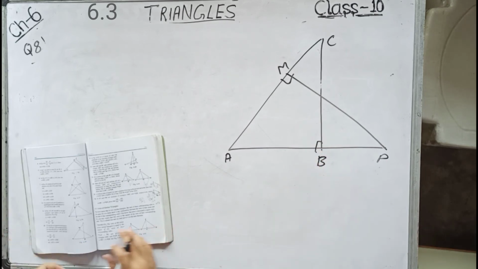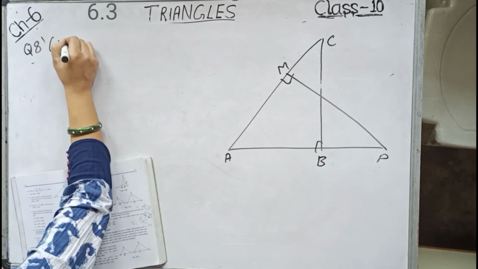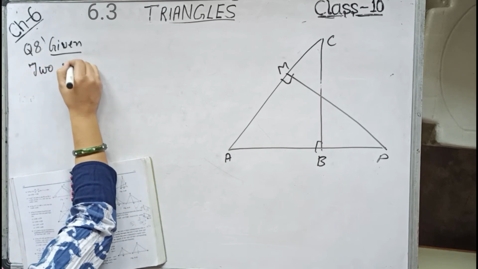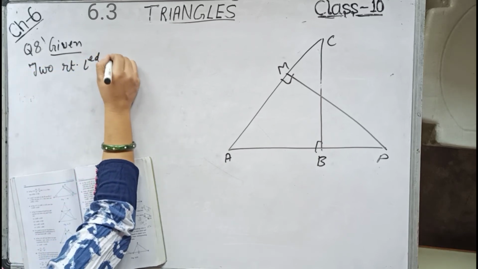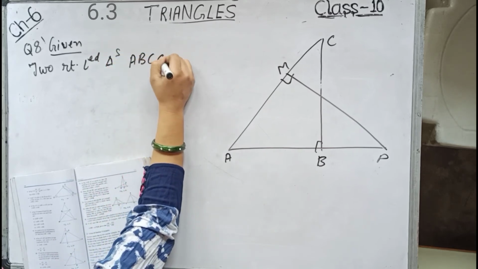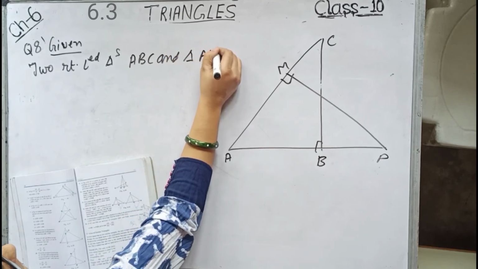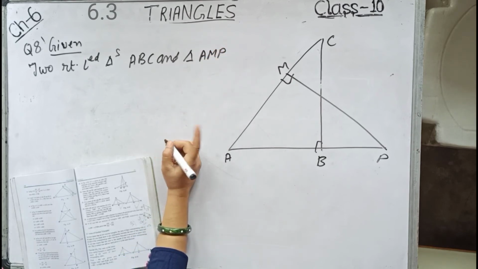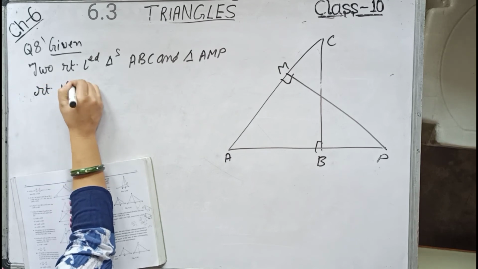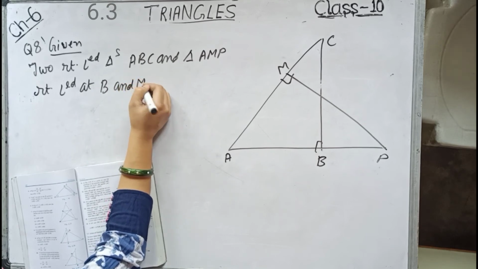It is given that ABC and AMP are two right triangles. Given two right angled triangles ABC and AMP. Now they are right angled at B and M.